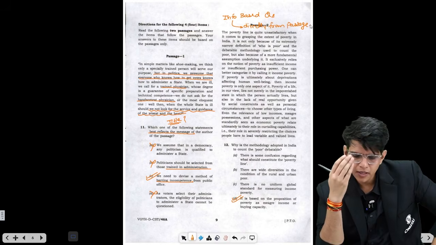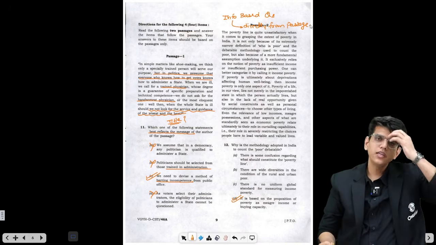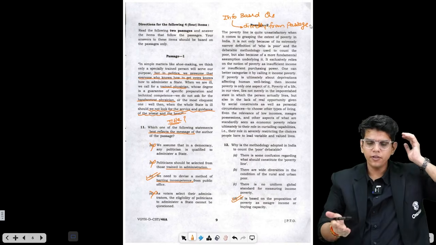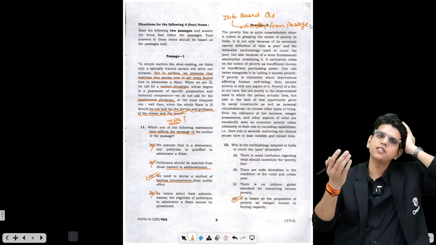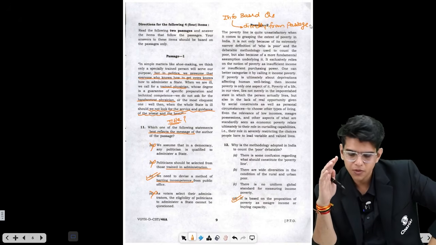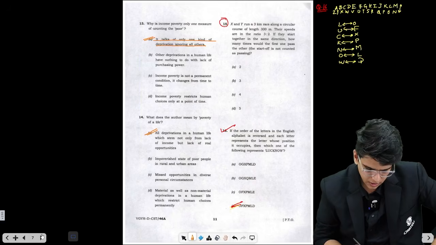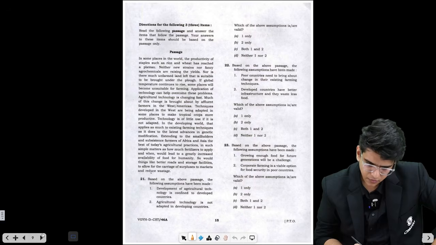Basically, in questions of inference, implications and assumptions, you need to apply your mind. In questions of info based, where you just have to fetch information from the passage, you just have to read the passage carefully and then answer. Okay, तो ये हो गया 12, 13 and 14 done. 15, 16 बाद में करेंगे. Let's move to this.